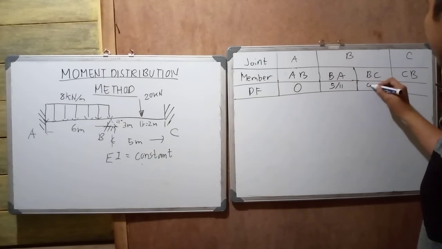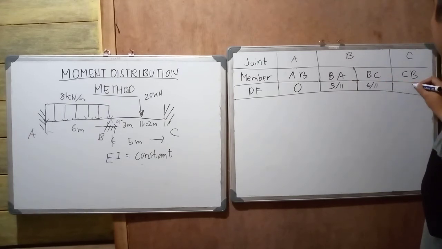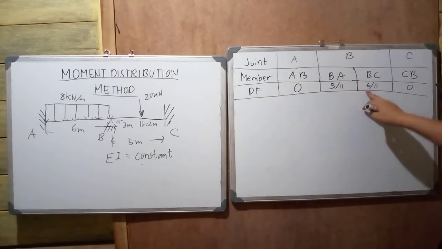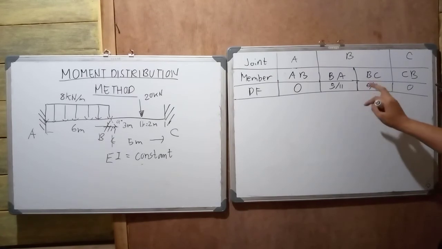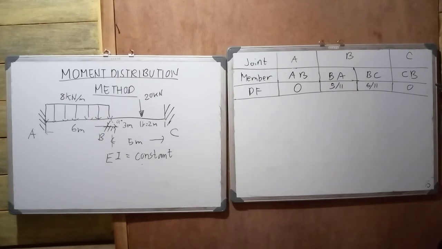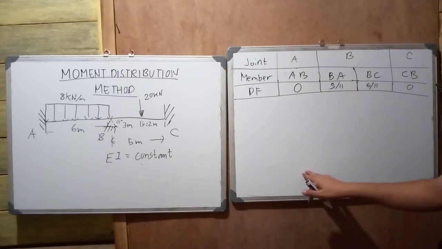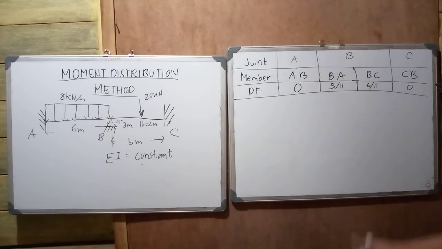Okay? Fraction lang tayo. 6/11. And then this is 0. Okay? Sa libro niyo is naka-decimal place. Pero sa atin, mas mabuti siguro if i-fraction natin para mas accurate. Pero at our final answer, i-round up lang natin into 3 decimal place.